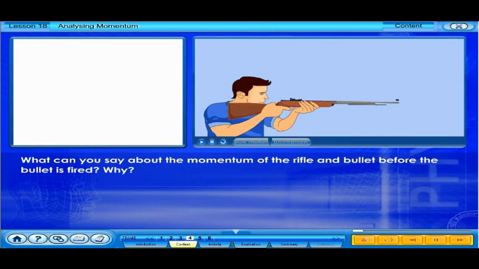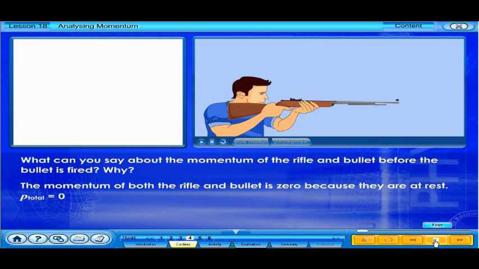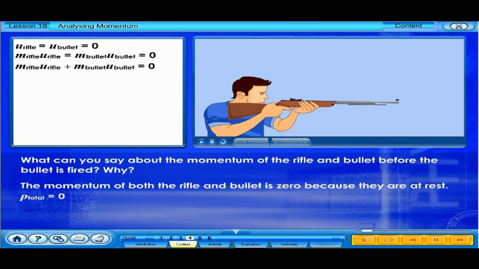What can you say about the momentum of the rifle and bullet before the bullet is fired? Why? The momentum of both the rifle and bullet is zero because they are at rest.